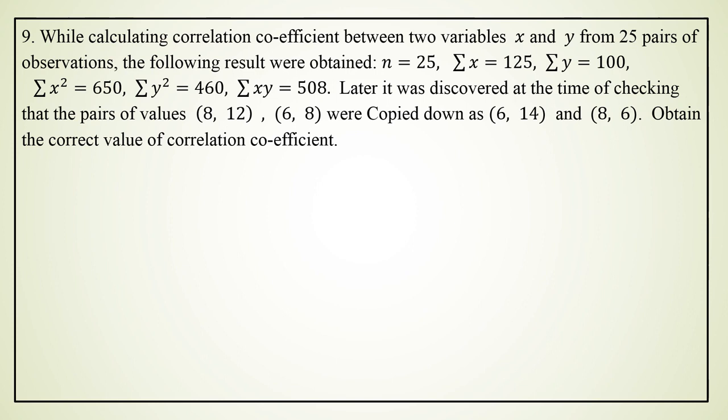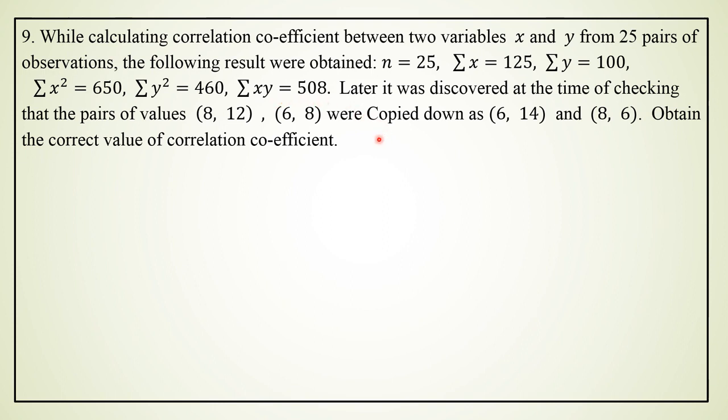While calculating the correlation coefficient between the two variables x and y from 25 pairs of observations, the following results were obtained. The value of n is 25, summation of x is 125, summation of y is 100, summation of x square is 650, summation of y square is 460, summation of x into y is 508.